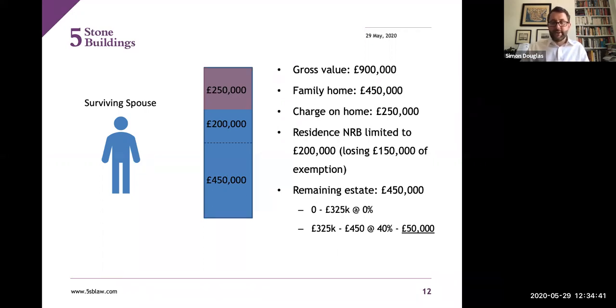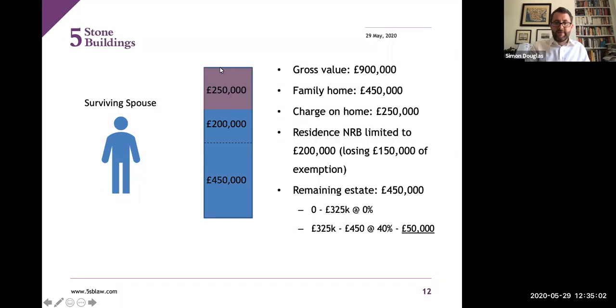It's by burdening the surviving spouse's estate with a liability, and that reduces the value of the estate, taking more of it out of the IHT regime. So we do want to preserve this liability, but we also want to prize it away from the family home.